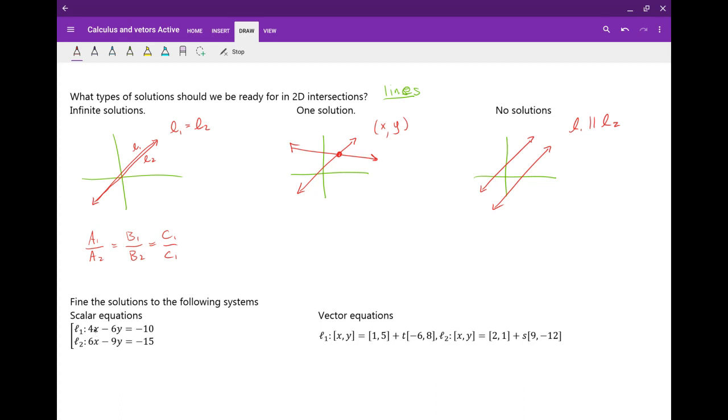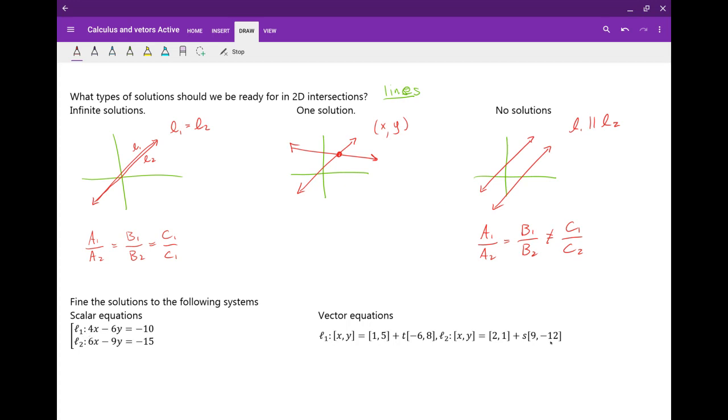Basically, if they're in scalar format, the ratios are the same. Whereas if they're parallel, A1 over A2 is going to be equal to B1 over B2, but the C1 over C2 section will not be equal. So these two scenarios are pretty easy to determine right off the bat if they're in scalar form.